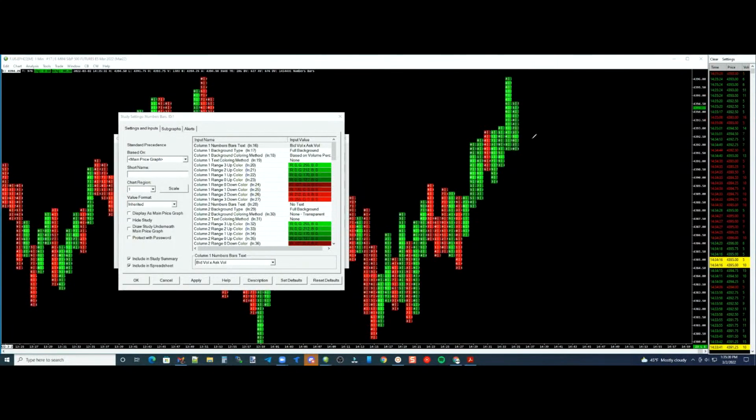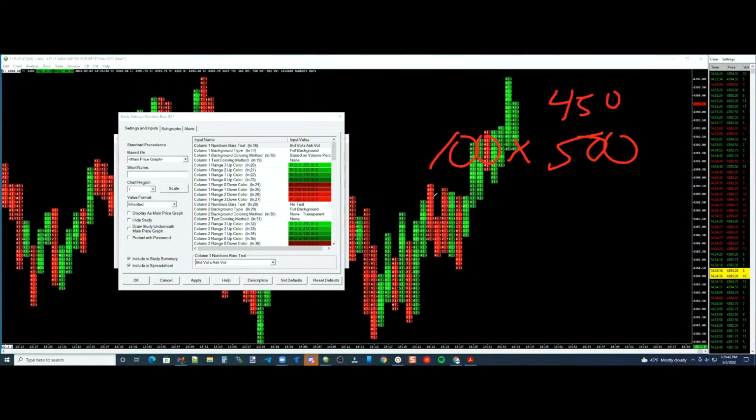Price works like this, okay? So you have 500, 450, and 450, all right? Price works to sellers, let me change my color. It works at the diagonal.